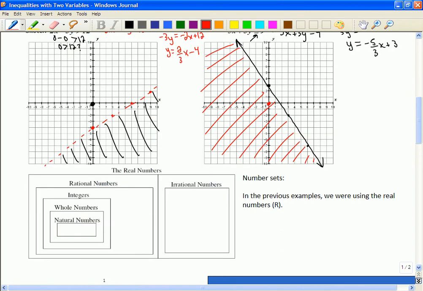But how many people have heard of things like rational, irrational, that kind of stuff? Okay. So just as a review, rational, do you remember what a rational number is? Sorry? It could, right? So one thing, it could be a repeating decimal.